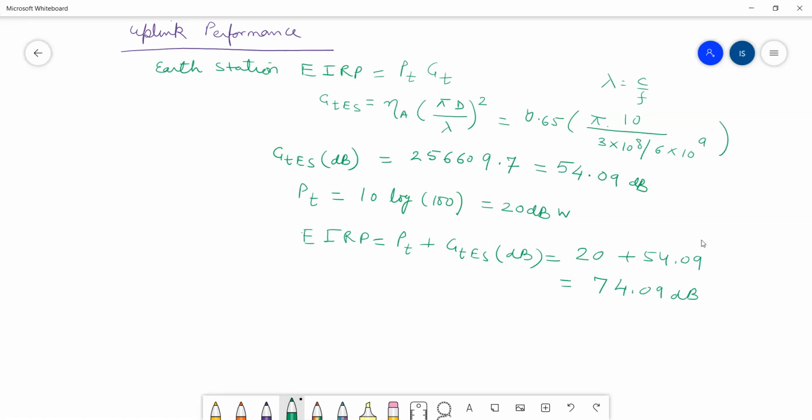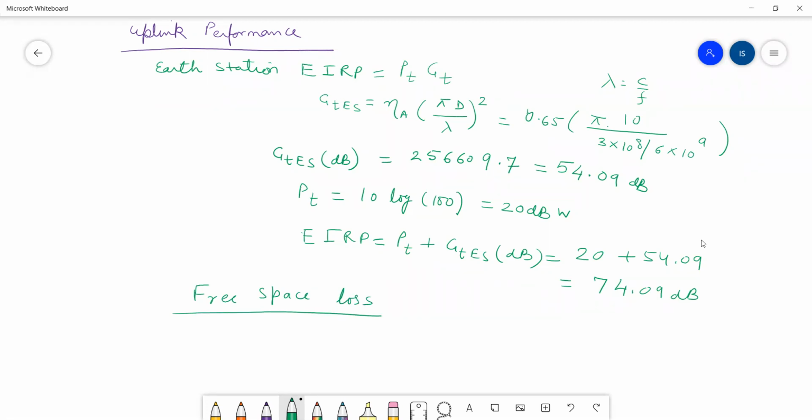Then, after EIRP, we have to now calculate the free space path loss. Okay. So now we will calculate the free space loss. Free space loss means we know the formula.